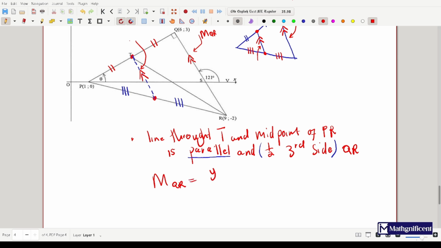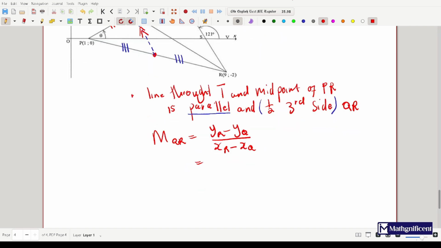We determine the gradient of QR. We are going to use YR minus YQ divided by XR minus XQ, right? So from this we know the Y value of R is -2, and the Y value of Q in this case is 3.